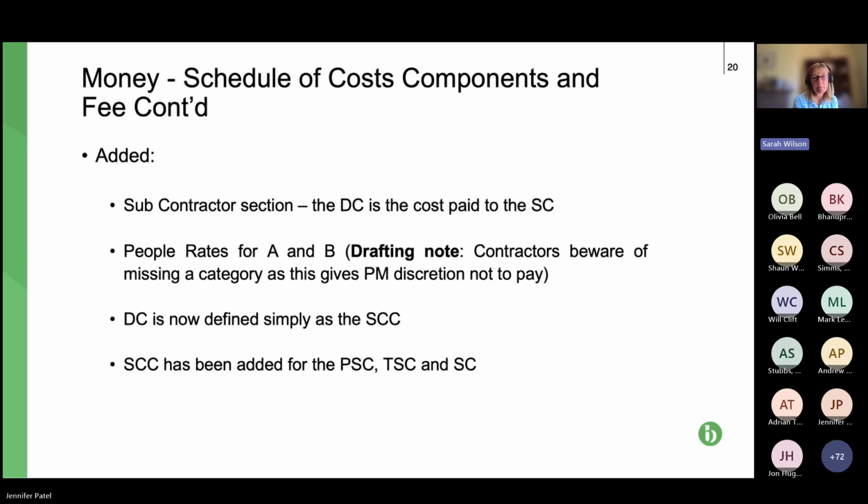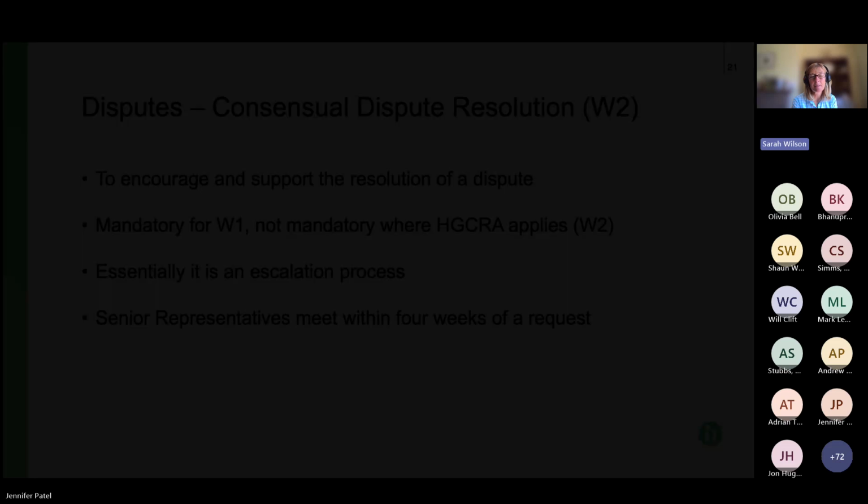And the final bullet point is that the schedule of cost components has been added to the professional services contract, PSC, the term service contract, TSC, and it's also covered in the subcontracts, the SSC. So next slide, please.